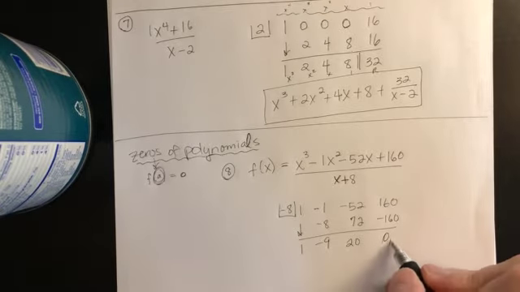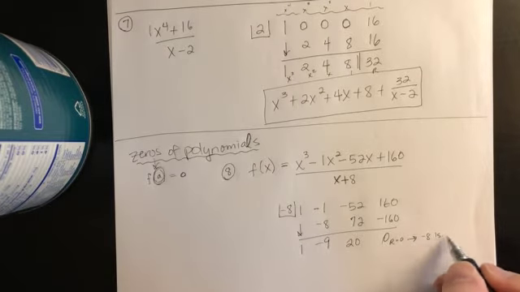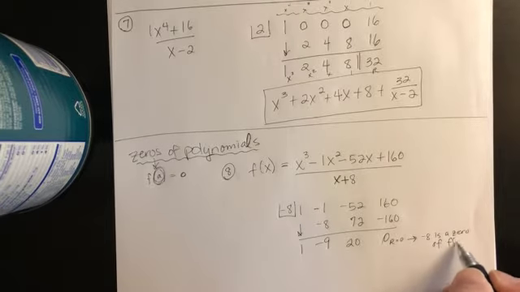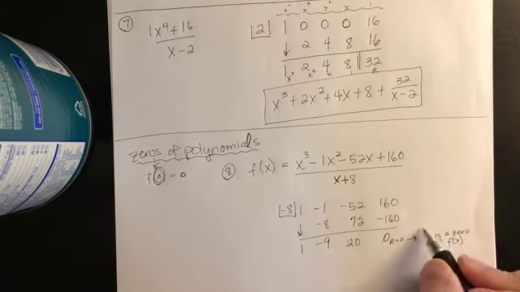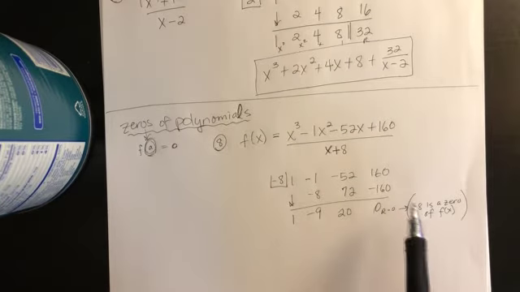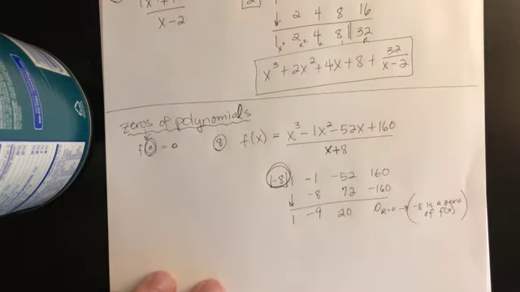Now, the fact that the remainder is 0 means that -8 is a 0 of the polynomial. Okay? That's what they knew when they asked you to divide by x plus 8. They knew that this guy is a 0.